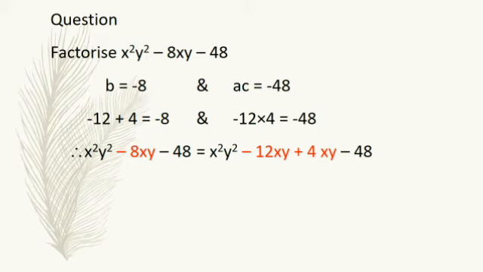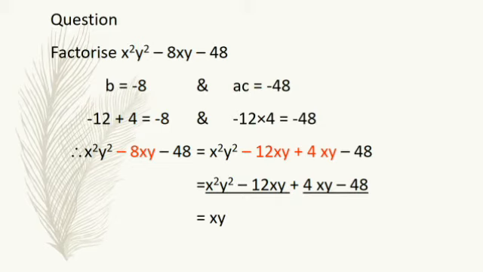Now grouping, we get x square y square minus 12xy in one group and 4xy minus 48 in another group. In the first group we have xy as a common factor and in the second group we have 4 as a common factor. Therefore, it is equal to xy into (xy minus 12) plus 4 into (xy minus 12).